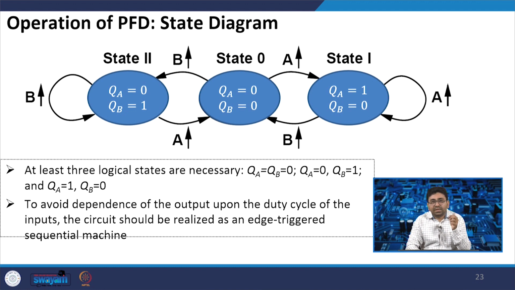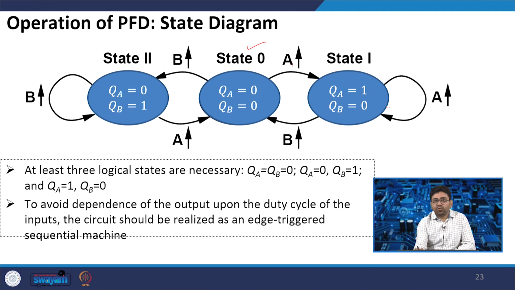If we look at the state diagram, it looks like this. When QA and QB are equal to 0, there is a 0 state. There are two other states, where either QA is high and QB is 0, or QA is 0 and QB is high. As omega A is increased, QA is equal to 1 and QB is equal to 0. QA will remain high while A is high.